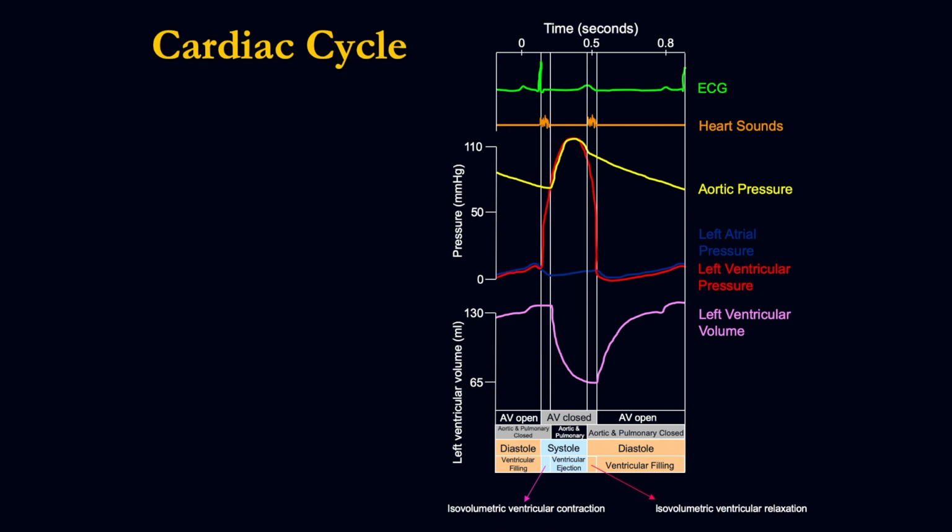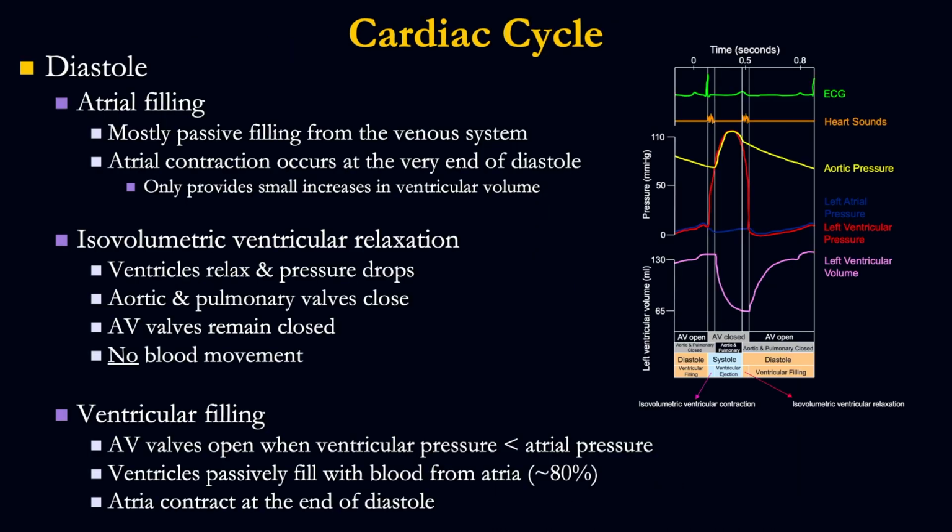And during diastole, the heart fills with blood once again. It's important to note the time of the cardiac cycle on the x-axis at the top of the screen. Please note that it is less than 1 second where all of these events are occurring. That's pretty impressive. So the next 2 slides are simply a summary of everything that is depicted in that graph that we were just looking at.